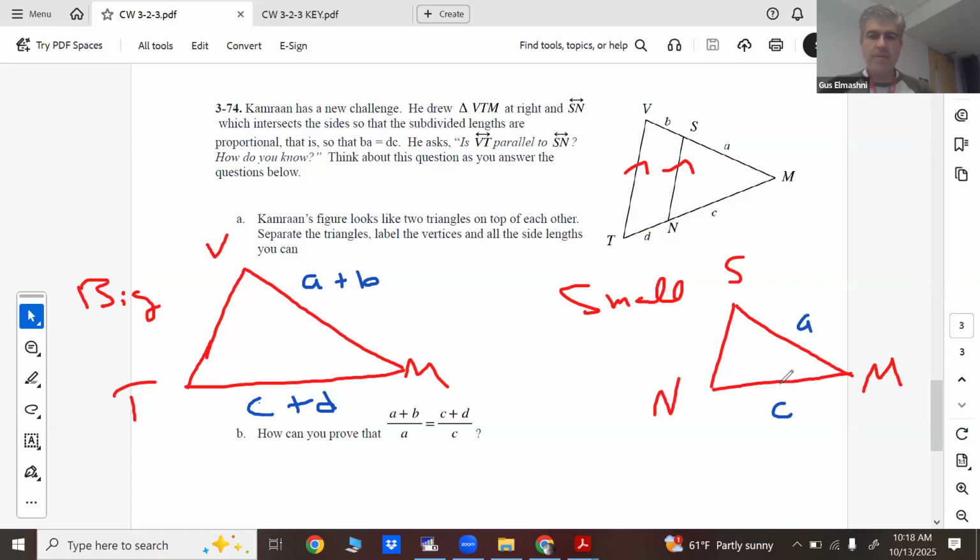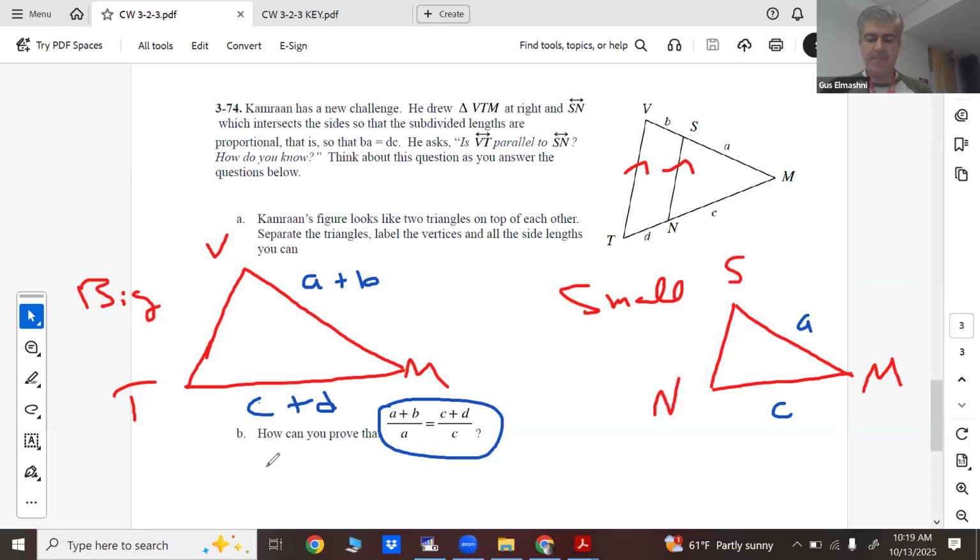So how do we prove this statement here? How can I prove that's a true statement? What can I do? We do it from an algebraic perspective.